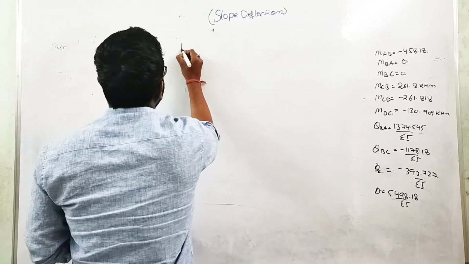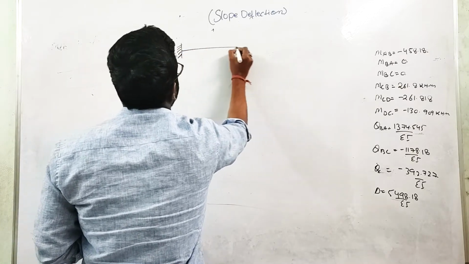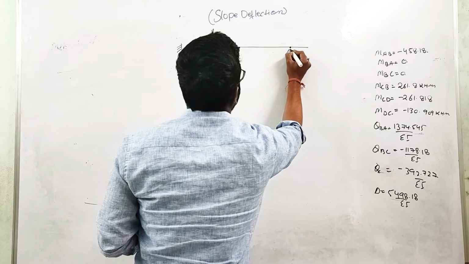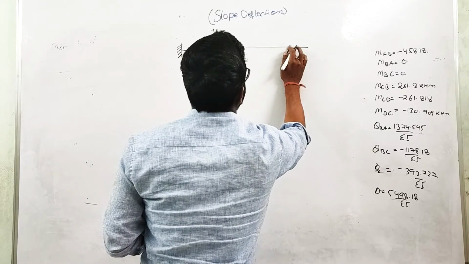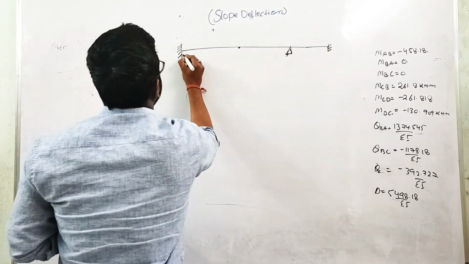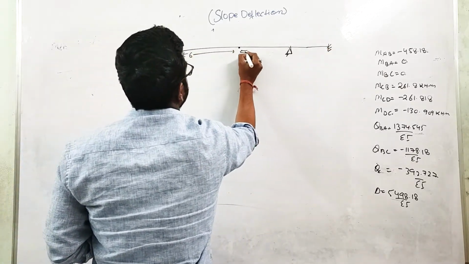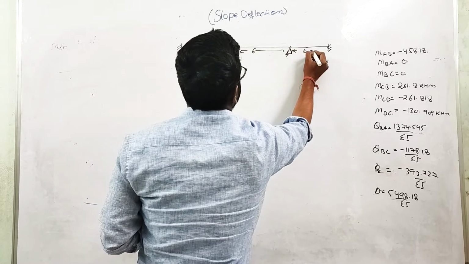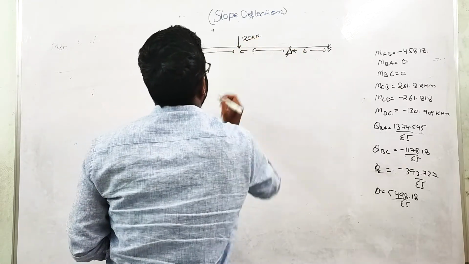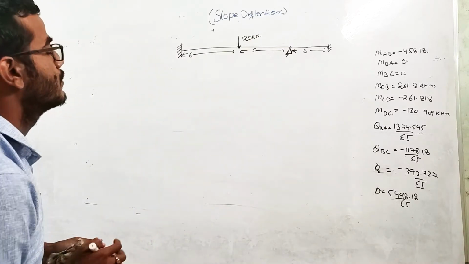Now, if this is the beam, this is the internal hinge, there is a support at this point, C, and one fixed support. This distance is 6, this is 6 again, this is 6 again. There is a 120 kN load acting at this point.